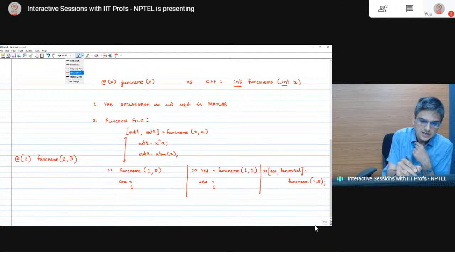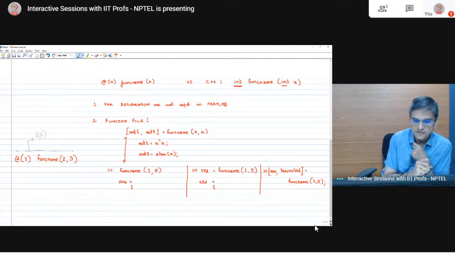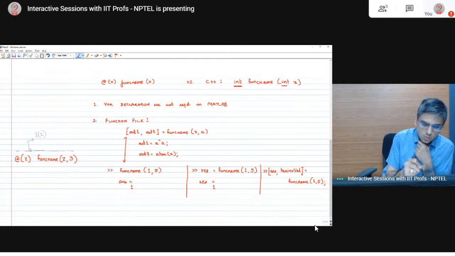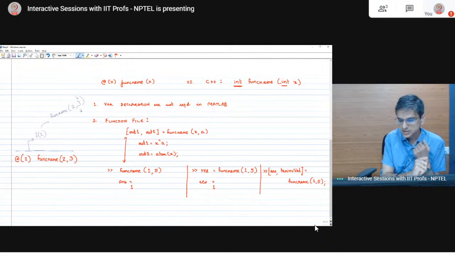What this tells Matlab is that this is a function f of z. What is f of z? F of z is func name called using the variable z as the first argument and called using the value 3 as the second argument. So this is how this particular thing works.